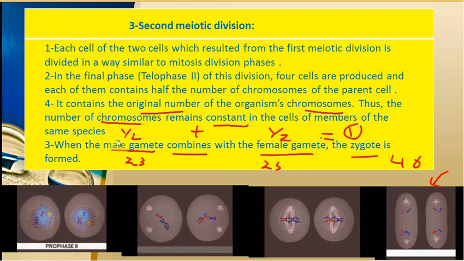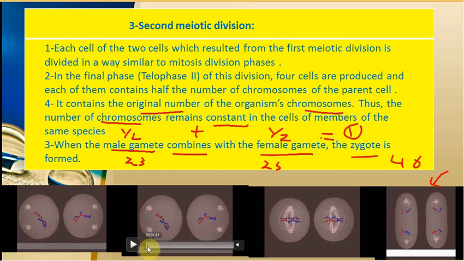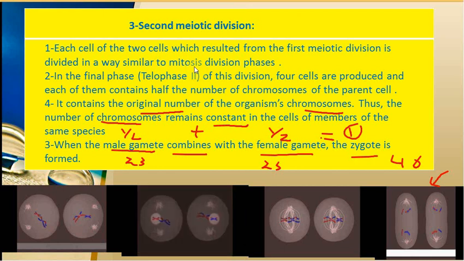As we see in the video here, the spindle fibers appear to be connected to the chromosome at the centromere. In the following video, which is metaphase 2, you will notice that chromosomes are arranged like in mitosis, like metaphase, on the equator.